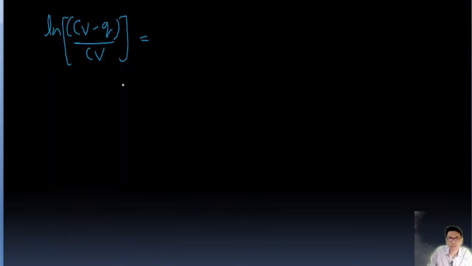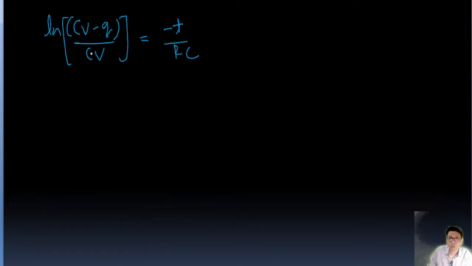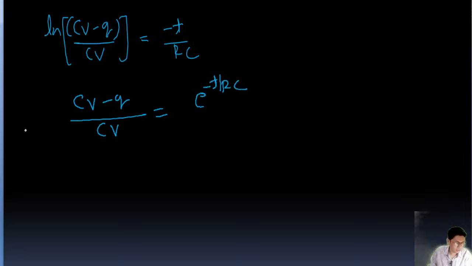So this is ln (CV minus Q) equal to Q, ln (CV minus Q) upon CV is going to be equal to this one, minus T upon RC. What we have done is we have taken minus this side. Okay, so now this value (CV minus Q) upon CV is going to be e to the power minus T upon RC.